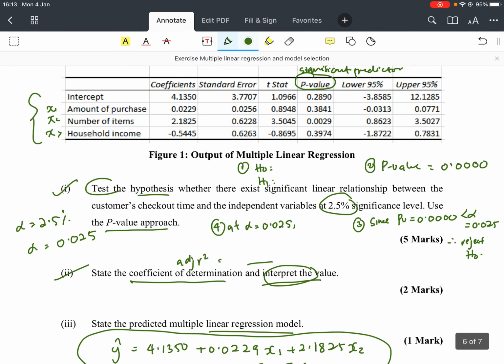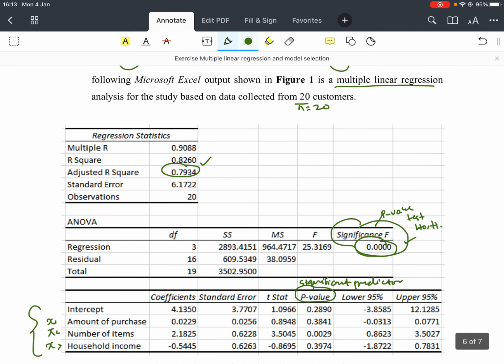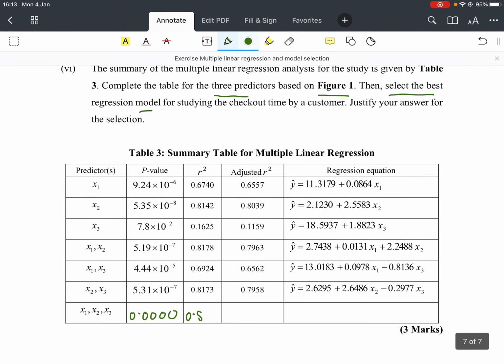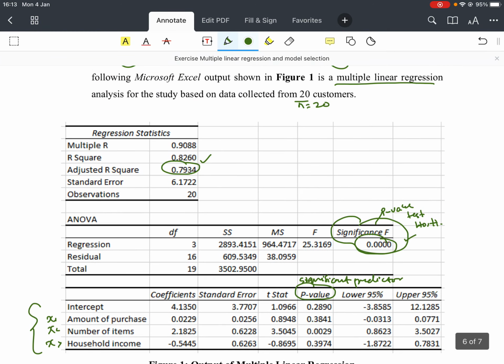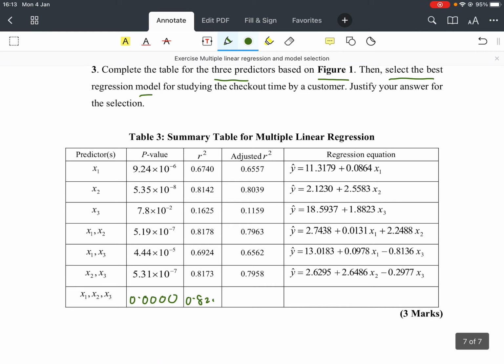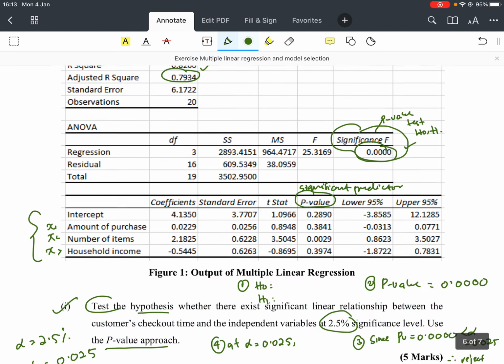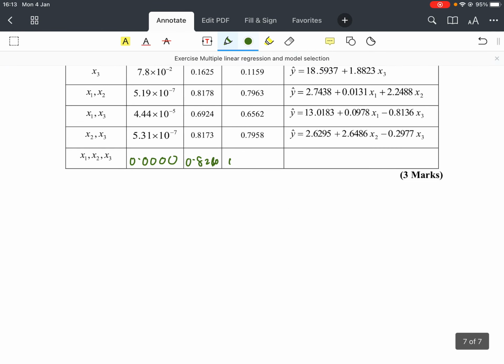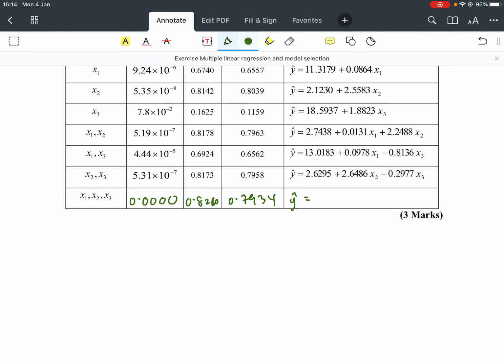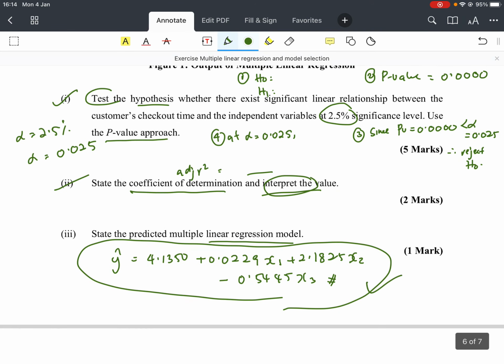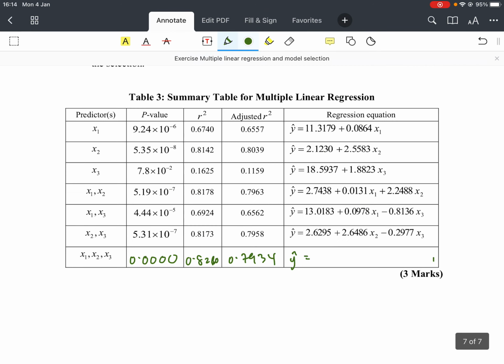The R square is 0.8260, and the adjusted R square is 0.7934. And you write down the equation: y cap equals this one, so fill in the equation here.